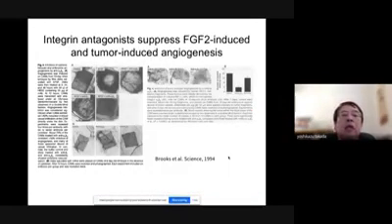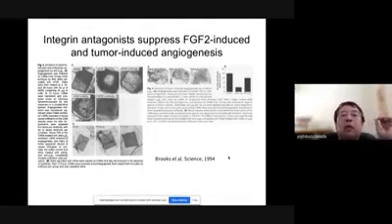Kind of surprising, I found that integrin binds to FGF1. Then what's the function? What's going on? Why does FGF have to bind to integrins? Then you look at the literature, and I found that FGF and integrins are tightly related, because FGF is a very potent angiogenic inducer.